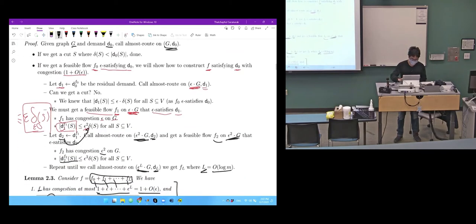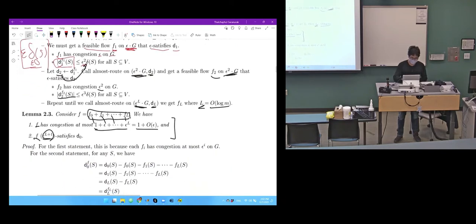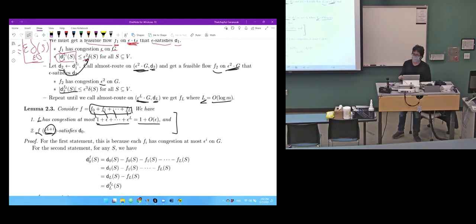It should be F0 plus F1 up until FL, the summation of this, plus F final. Is that the augmenting flow? That's going to be your whole flow. Oh, okay. Yeah.